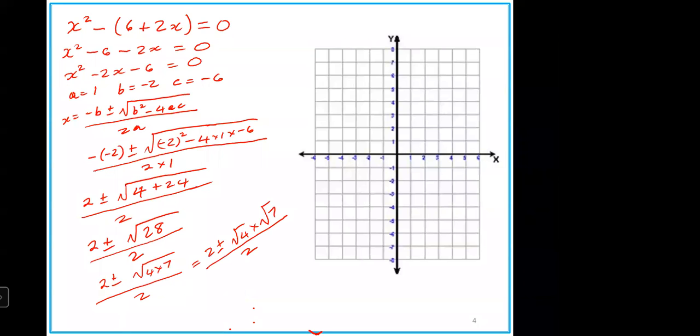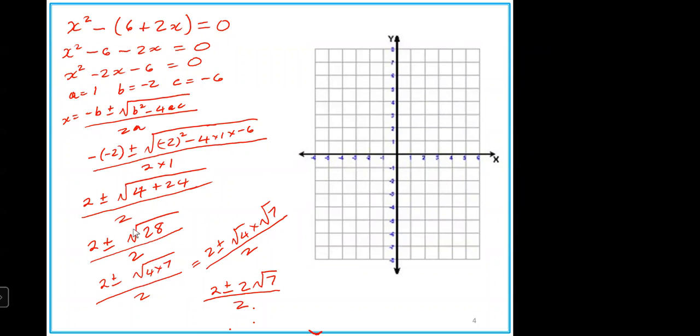Now we know the square root of 4 is 2, so that would be 2 plus or minus 2 square root 7 over 2.